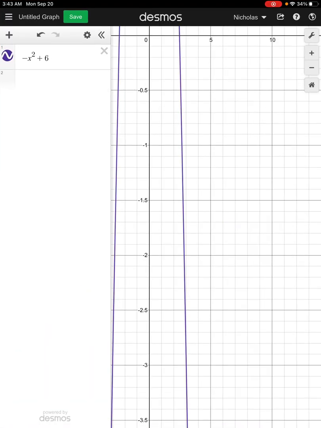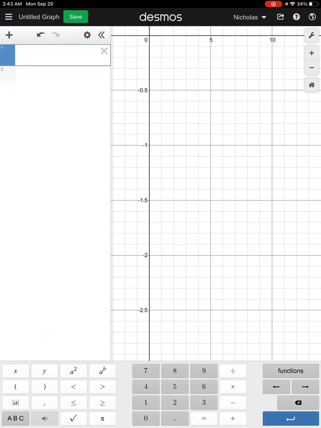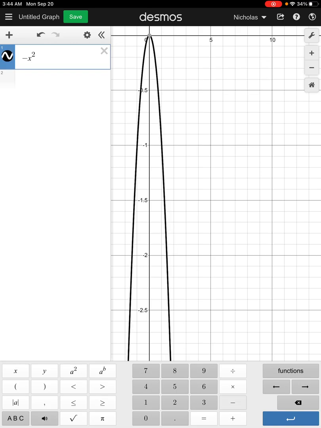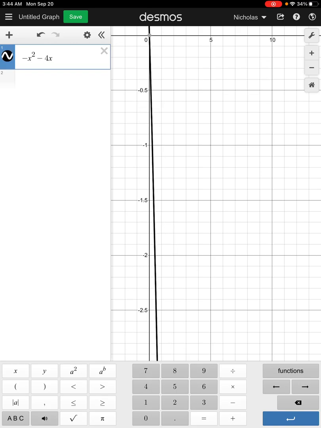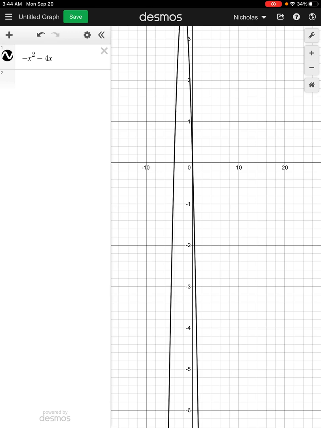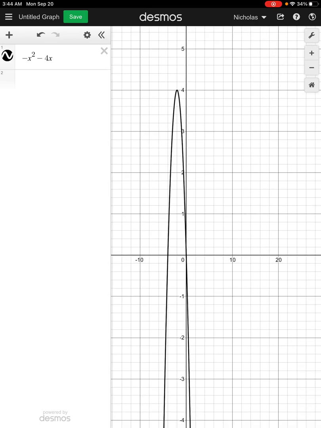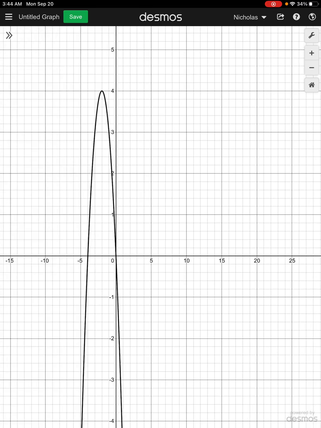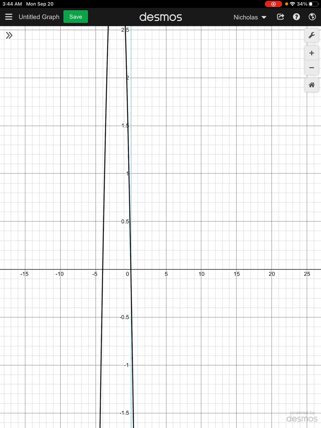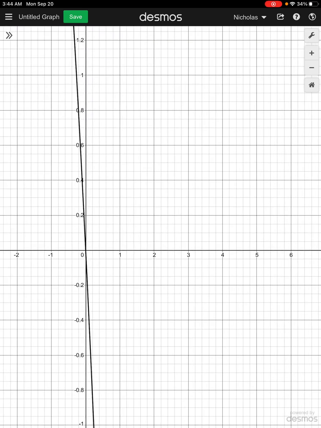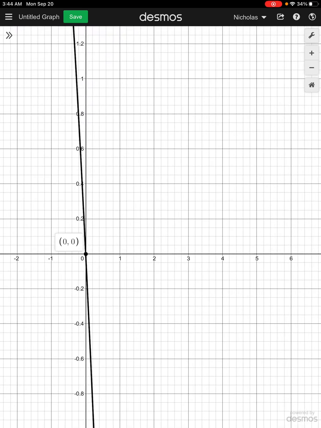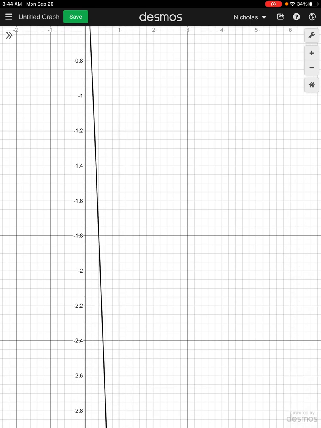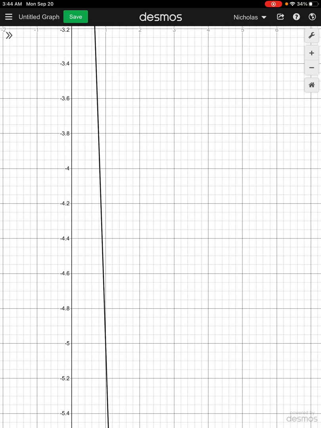And again, I would use my calculator. Negative x squared minus 4x. I would say, okay, what is it when x is 0? Well, it sure looks like y is 0. Whoa. And then when x is 1, looks like y is negative 5.